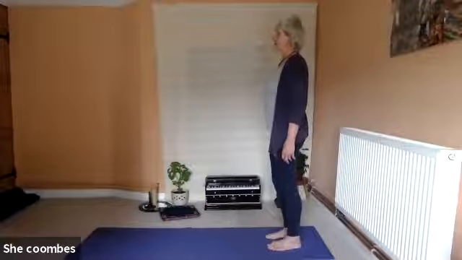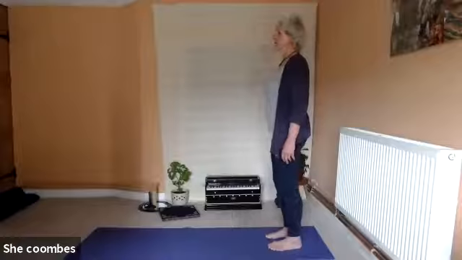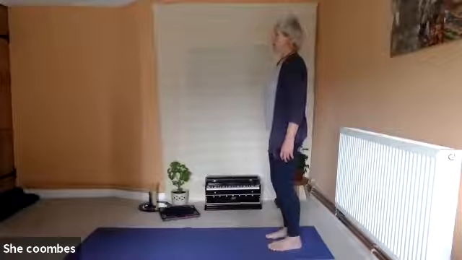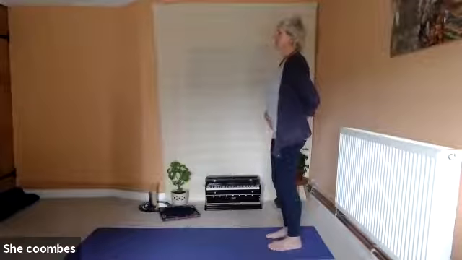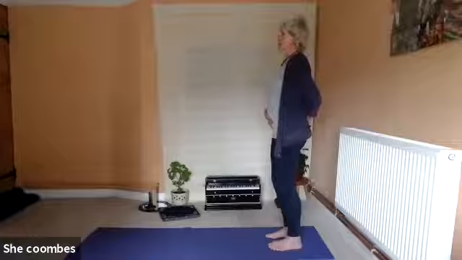So let's start by checking that your knees are not locked, checking that your feet are squared up beneath the hips, that the lower back, you can just rest your hand for a moment front and back and just feel that, okay, core muscles are gently lifting, lower back is gently releasing.